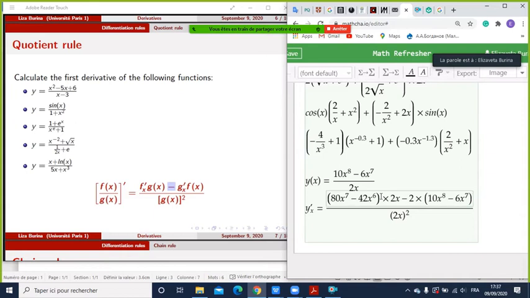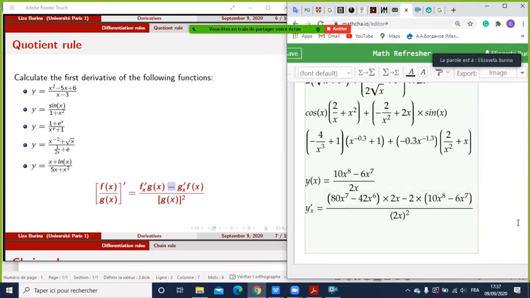Cool. See, if we simplify it, we'll get something much better, but again, right now the objective is not to simplify, the objective is to just write the correct expression.